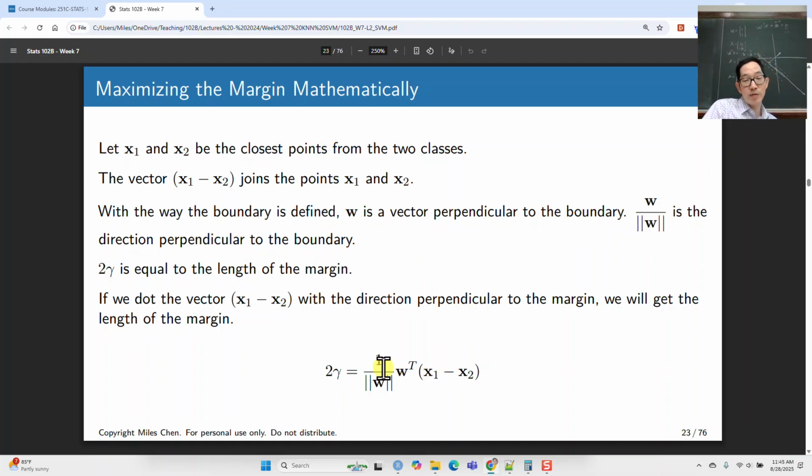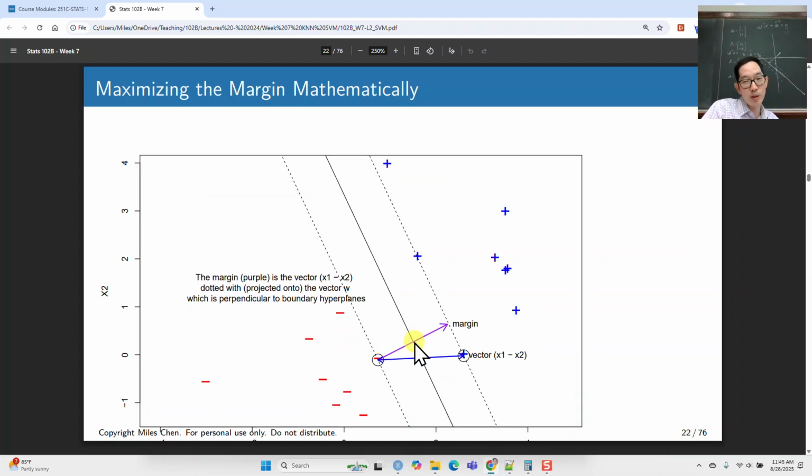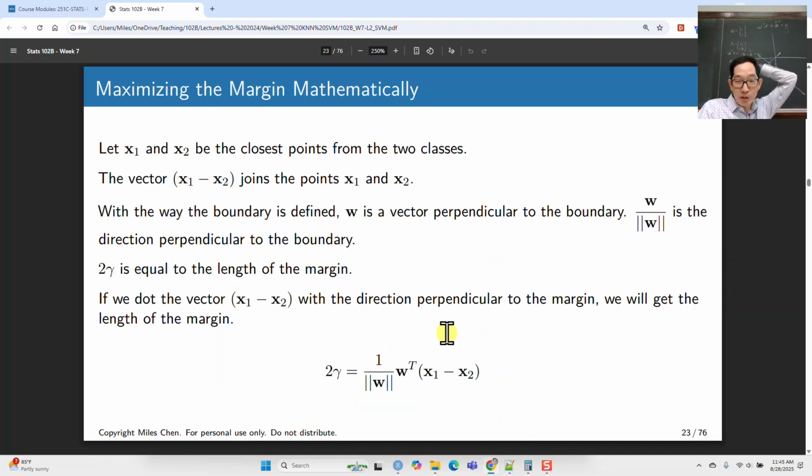Then I dot that vector x1 minus x2 onto W. Another way I can do it is W transpose (x1 minus x2) divided by this norm, to make it the directional vector. And this is going to be equal to the width of the margin, or double the width of the margin. So if the margin is just one side of these things, our margin is going to be double that.